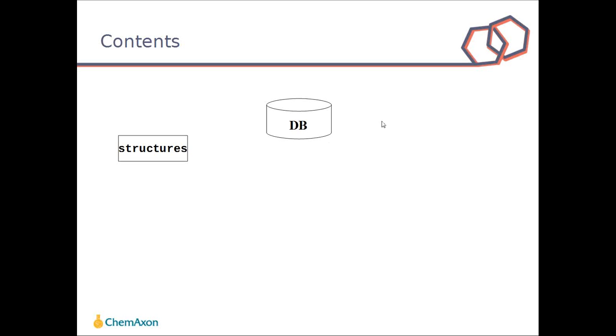Our next part of the presentation will talk about the databases, what kind of databases we support, and what kind of tables you can make in them. And of course, afterwards, we are talking about how you can store these structures in the database, how you can import it, and how they are represented in the database.